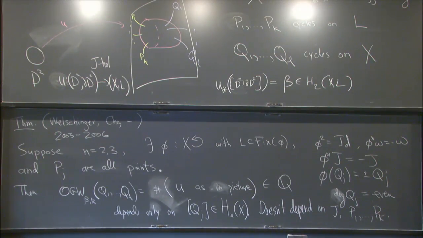Actually, before I do that, I should just mention that you can remove some of these conditions. So you can allow n odd, arbitrary, but then k has to be 0, so no boundary constraints.